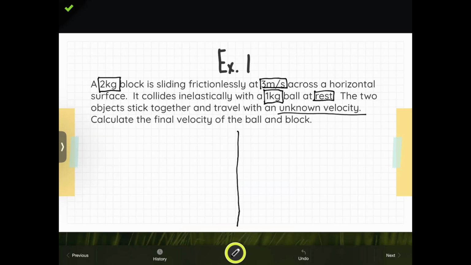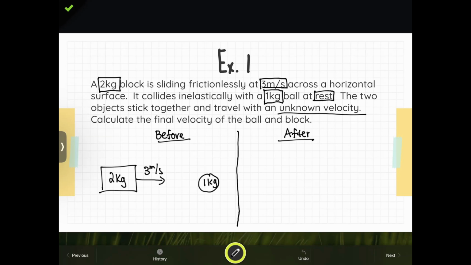So you must do, as a first step, drawing a before and after diagram. And in this type of diagram, I want you to draw all the objects with their masses and velocities labeled. What this is going to let us do is read really quickly what each individual item's momentum is.